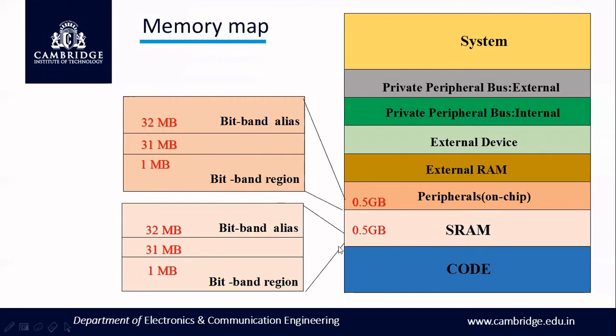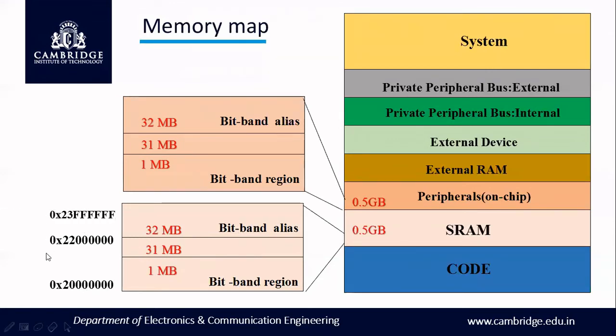So my SRAM is starting at 2 followed by 7 zeros, right? From 2 followed by 7 zeros, 1 MB of space can be accessed at bit level, and the bit addresses would be available in the bit band alias region, which would start at the address 22 followed by 6 zeros. If I have to find the last address for the bit band alias region, since it is of 32 MB, I need to add 01 FFFF to this, which would give me 23 FFFF.